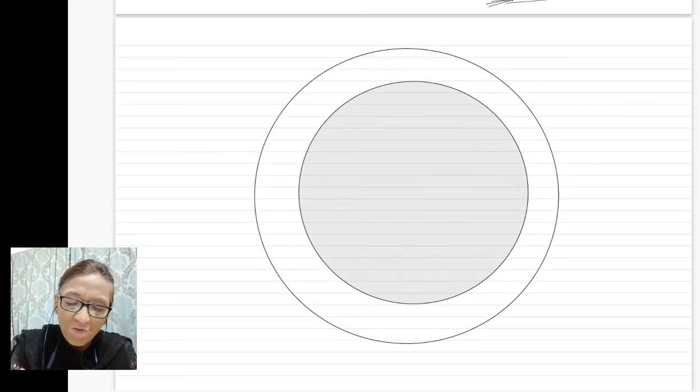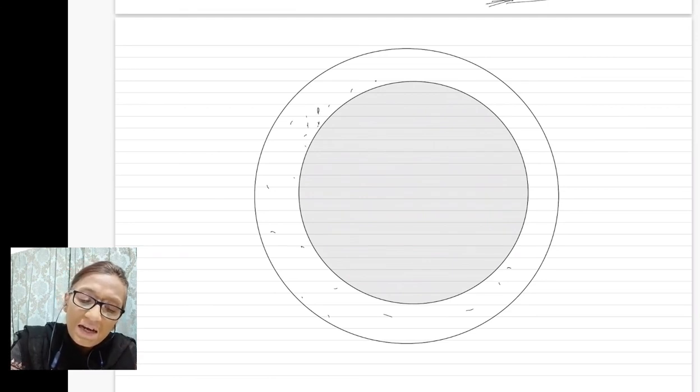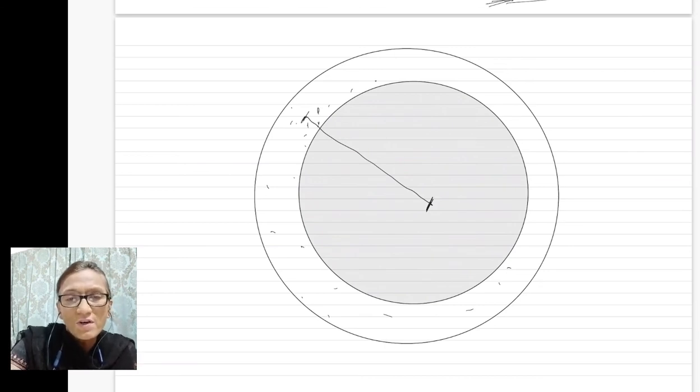Density is uniform. Then density will reduce gradually. Here density is least and density is decreasing gradually. And radius is taken from the center up to the middle of this gradual decrease. This is called the radius.